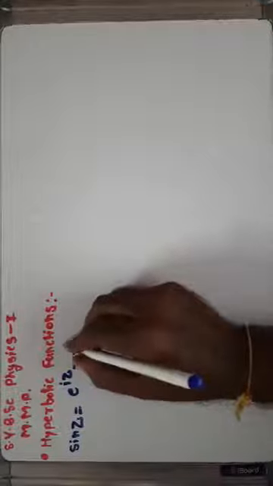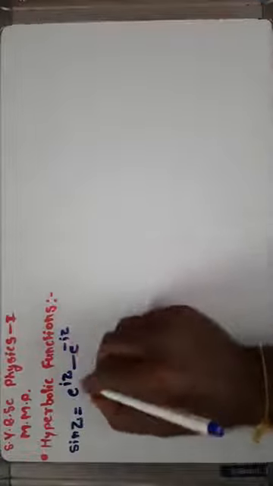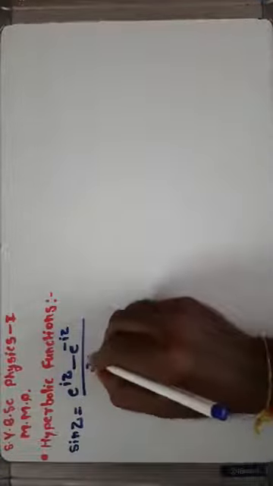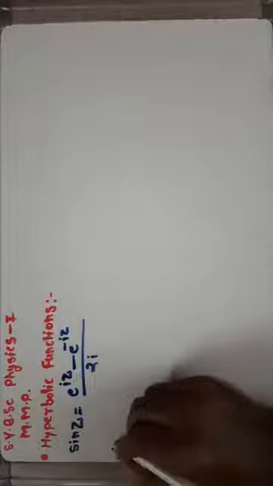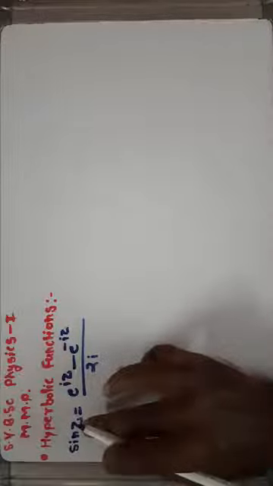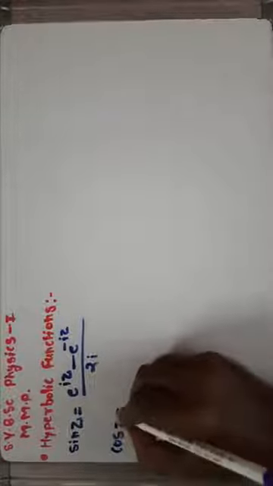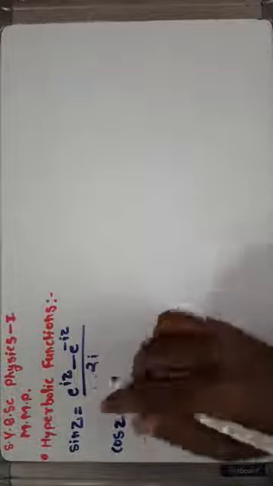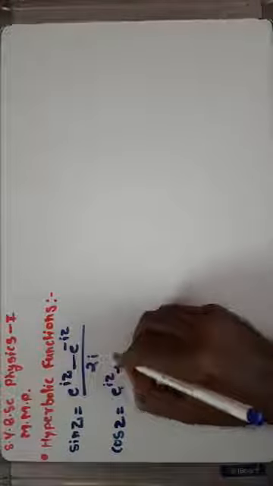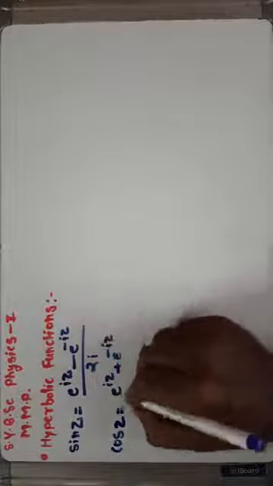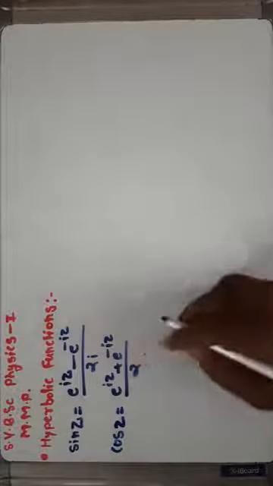And cos z, using the trigonometric function, is equal to e raised to iz plus e raised to minus iz divided by 2.